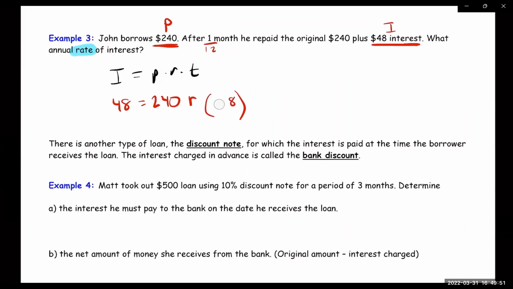Let's just keep it as a fraction. It's a little bit easier in fraction form this time because 12 goes into 240 evenly, right? 240 divided by 12 is 20. So now the new equation becomes 48 equals 20 times R.